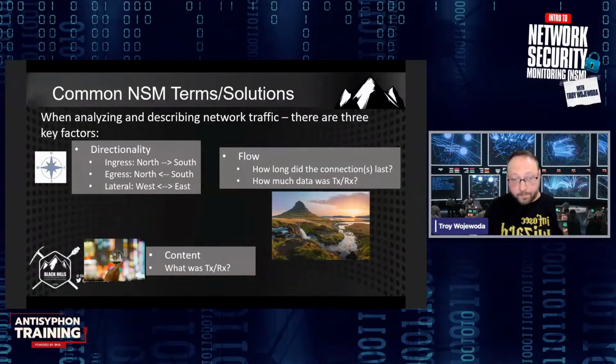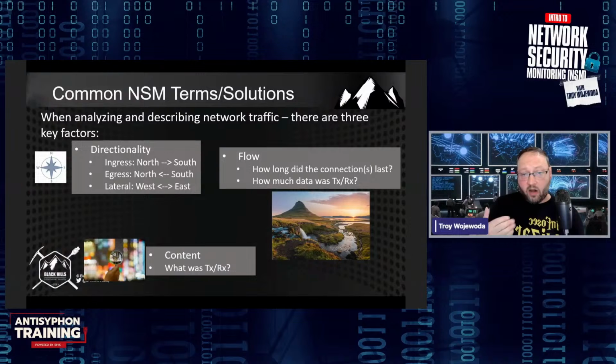So in typical network security monitoring solutions, I'm boiling it down to three different points of perspective here, or factors. One is directionality. We use these terms a lot when we're describing where the data is originating from and going to, and vice versa.